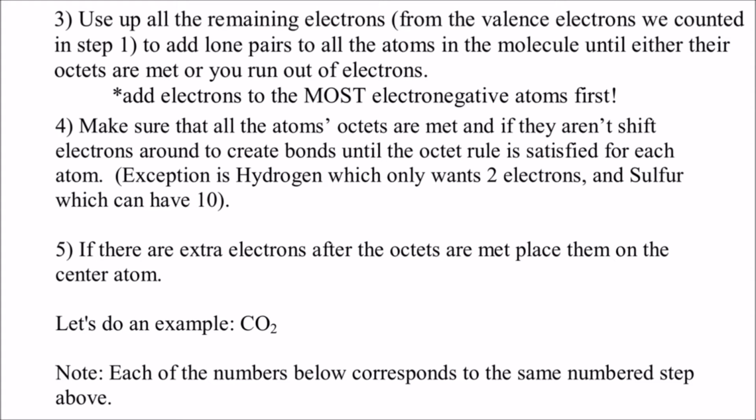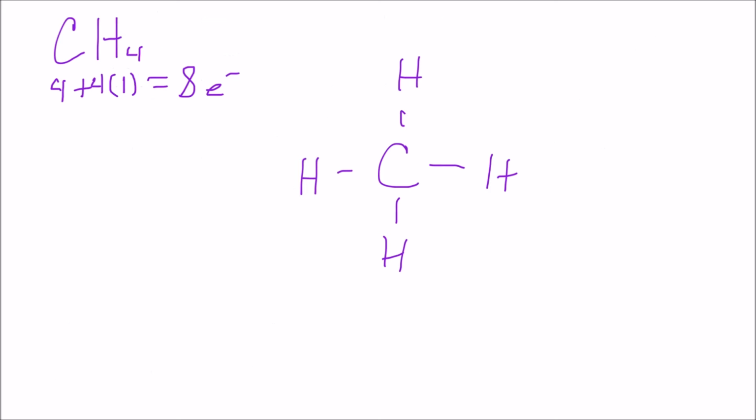Step 3 says use up all the remaining electrons from the valence electrons we counted in step 1 to add lone pairs to all the atoms in the molecule until either their octets are met or until you run out of electrons. Add electrons to the most electronegative atom first. Okay, well we need to see how many electrons we used up.